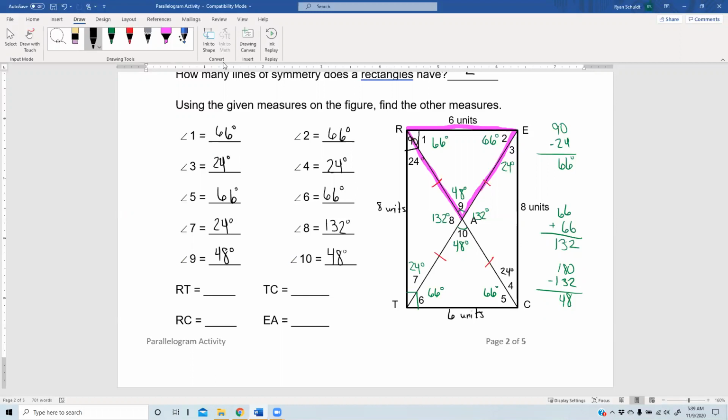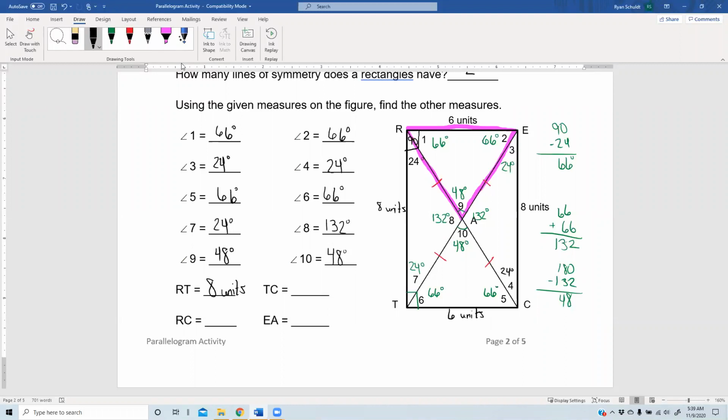Let's see about the sides. So we said RT had to be 8 units. RC. Ooh, RC, that's diagonal. Yikes. We're not done.